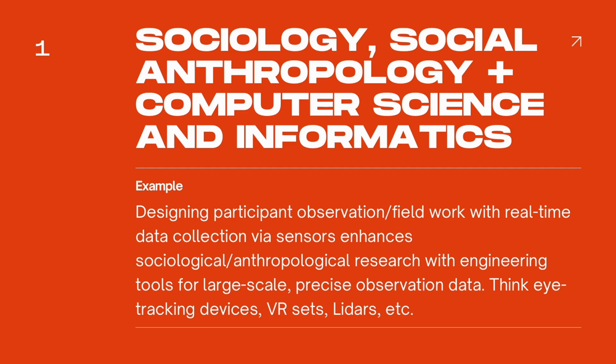For example, instead of classic participant observation, I could imagine a sociological field study that collects data from eye-tracking glasses, VR sets, or even LiDAR mapping in public or private spaces. By merging methods in social anthropology with those in computer science and informatics, you could collect large-scale, precise observational data, something that is not that common in anthropology or sociology so far.